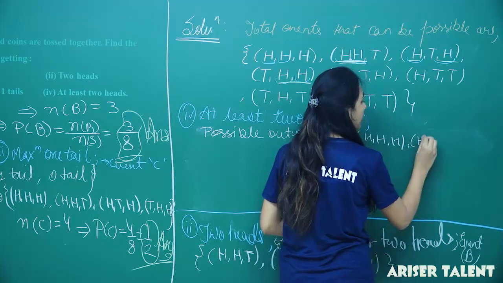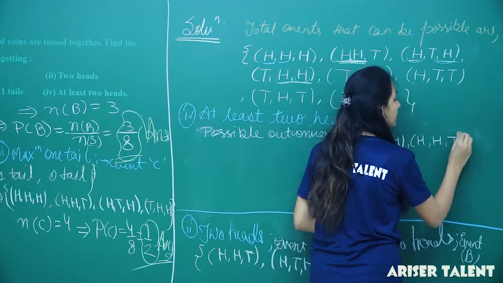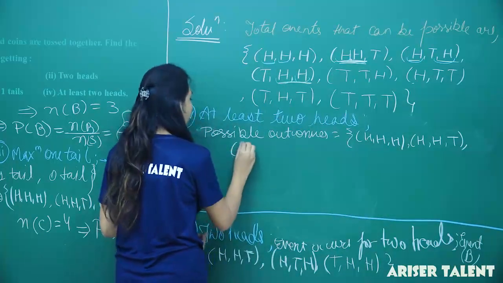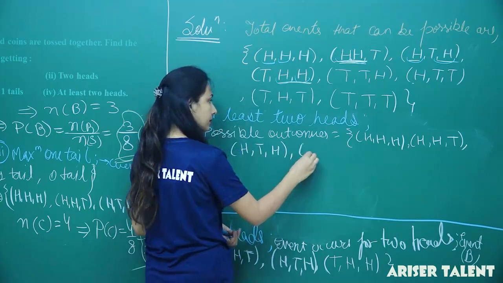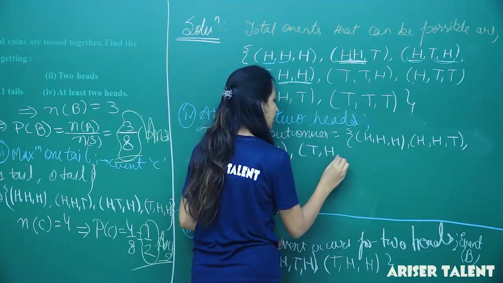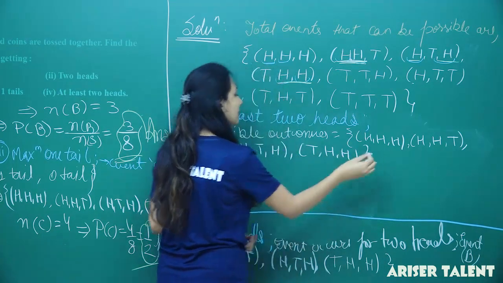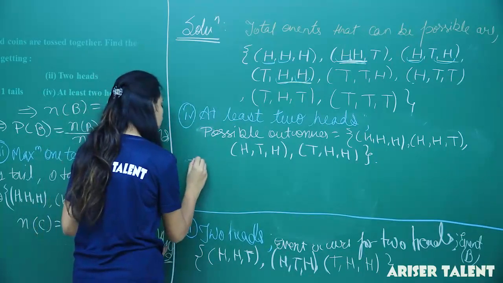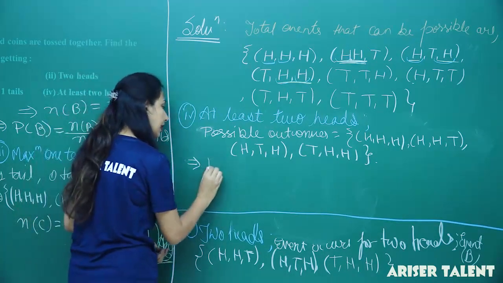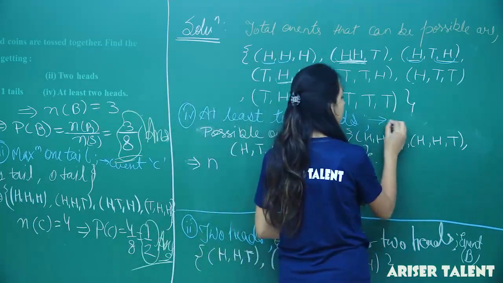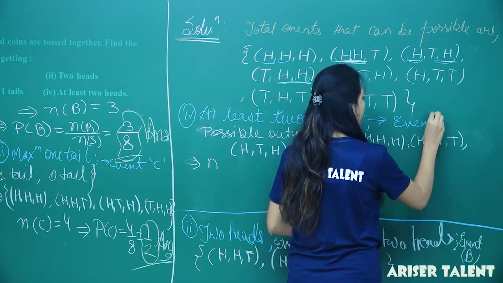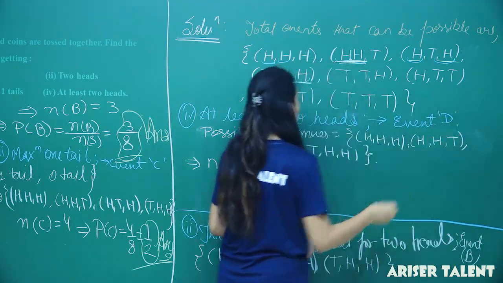HHH, HHT, then HTH, and then THH. These are the 4 outcomes. That means this implies that, and now this event happened to be D, event D.